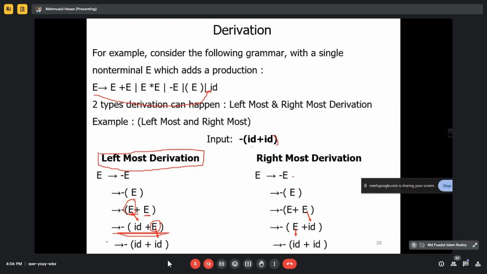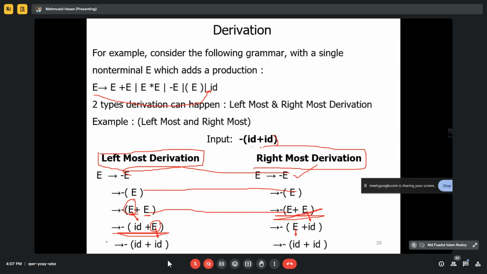Now the rightmost derivation. This one is the same, this one is also the same, because now there are two non-terminals, E plus E. So which one do you choose? That is the rightmost, because now you are using rightmost derivation.